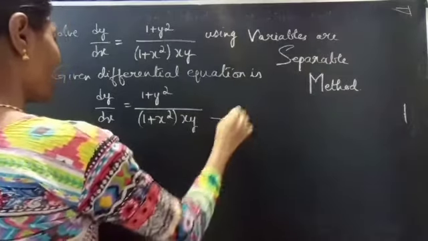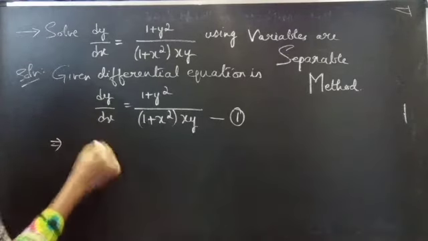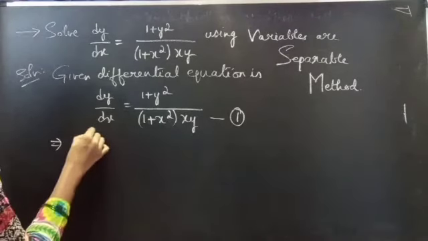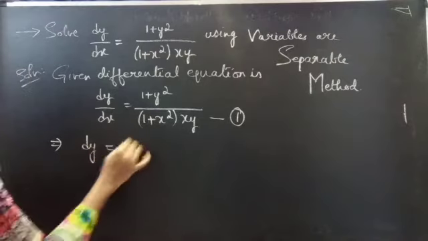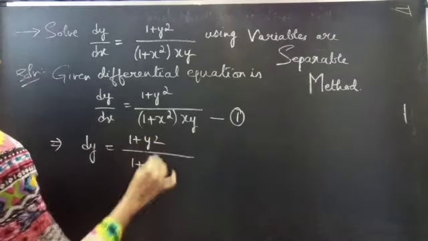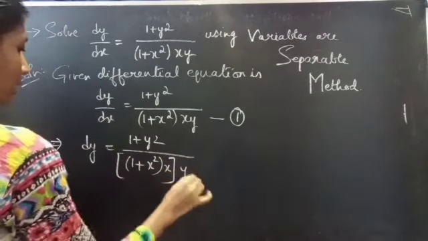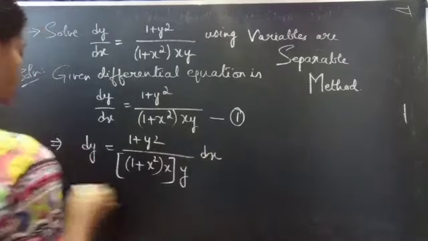Consider it as equation 1. Okay. We can write this as dy equals (1 plus y square) by (1 plus x square) into x into y into dx.